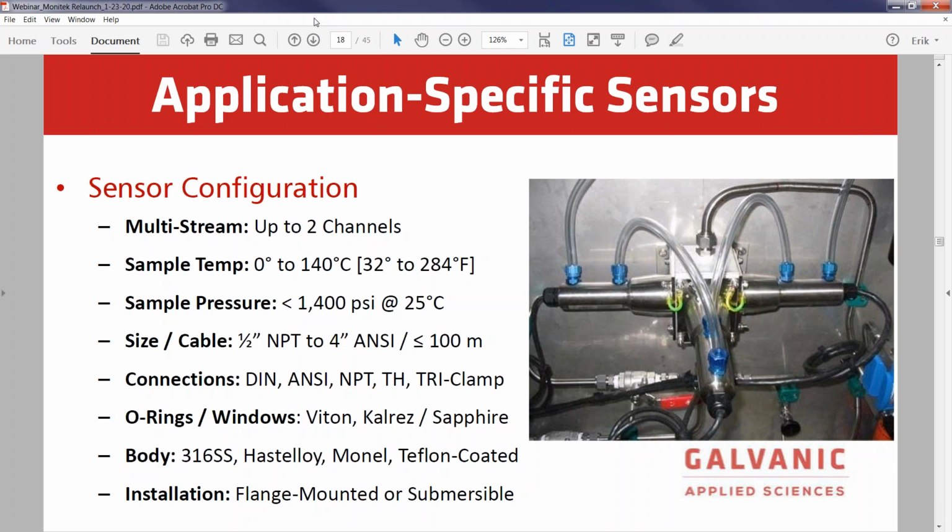And we can mount up to 4 sensors if they're single channel, because the limitation that we have with the transmitter is we have 4 inputs, meaning 4 photodiode inputs and 4 controllable lamps. Imagine most of these that we're talking about today are 2-channel measurements, right? They have a reference and a measure, be it color or turbidity.